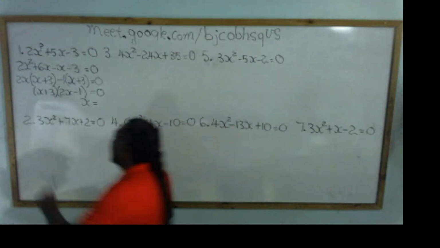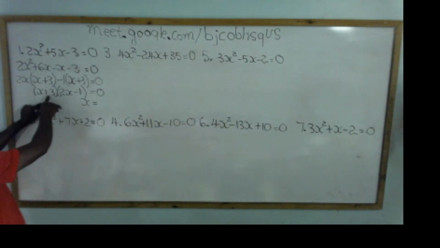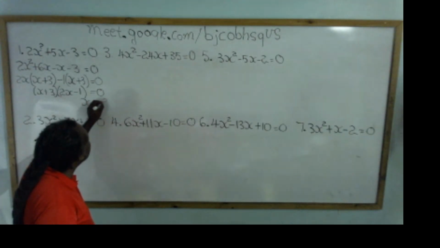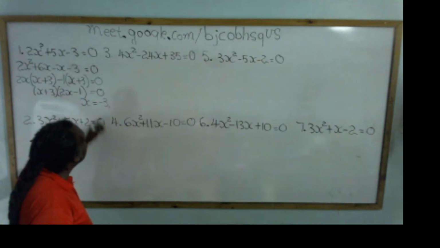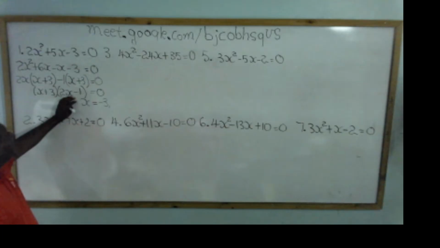What do we say now? x plus 3 is equal to 0. If x plus 3 is equal to 0, all we need to do is eliminate this positive 3 by subtracting 3 and we are done. Minus 3. Here now, 2x minus 1 is equal to 0. Now we'll eliminate this negative 1 by adding 1, so we'll have a positive 1.